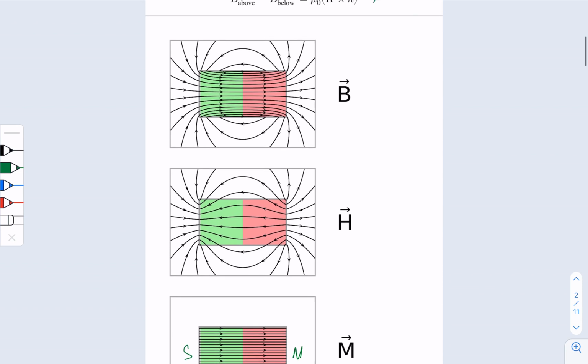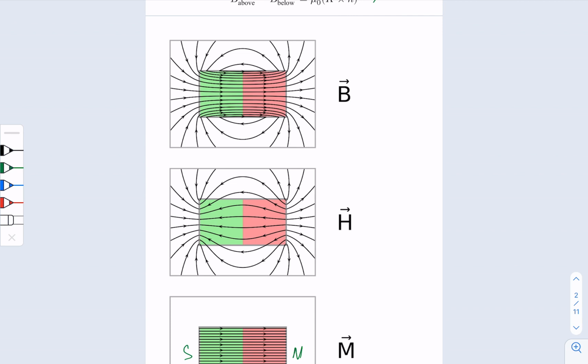And last time we already showed that the H field should be in the negative direction of the M field, because typically the magnetization vector contribution is larger than the B field inside the material, and it's also a negative sign. So inside of the material, the B and the H flip sign.